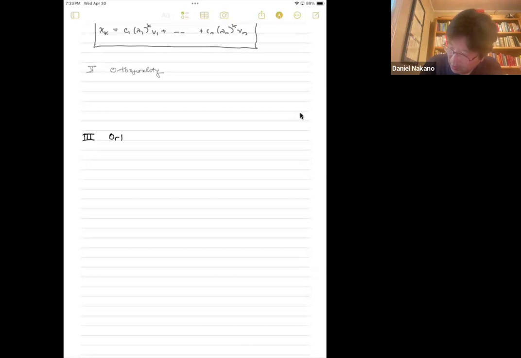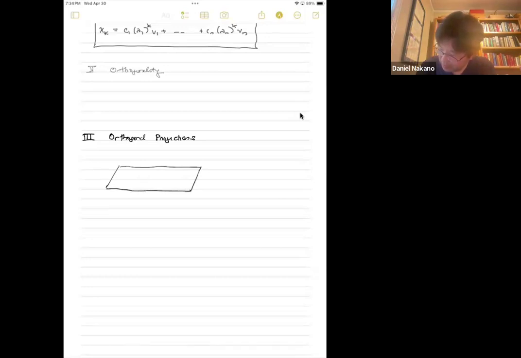So, orthogonal projections. Okay. All right. So here is the idea. You have a subspace W, and you have an orthonormal basis.